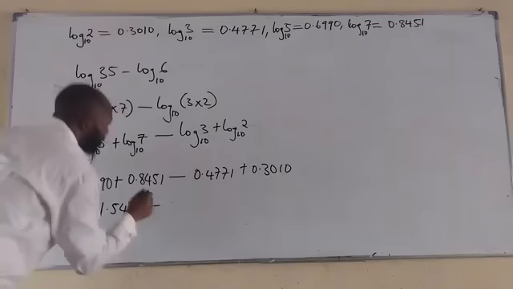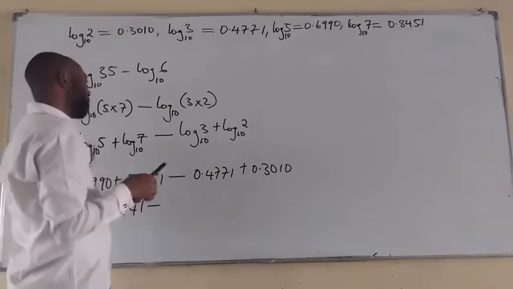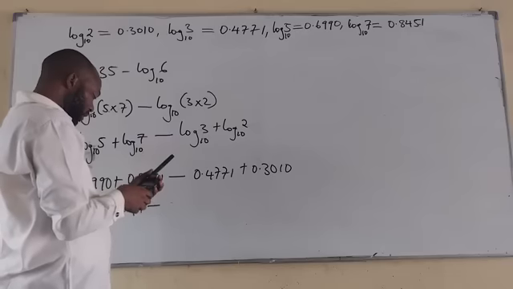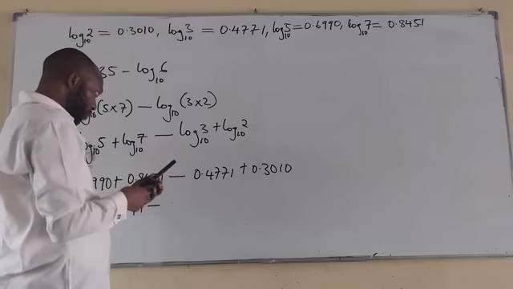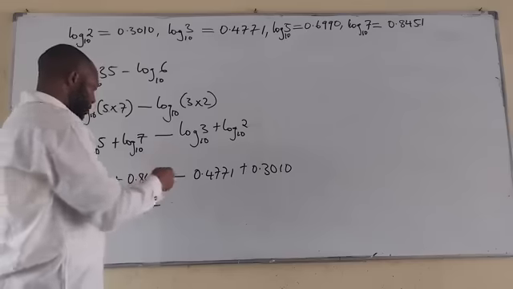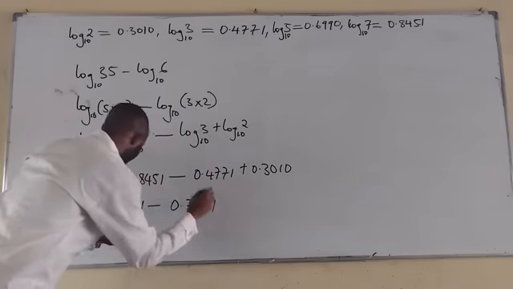Then 0.4771 plus 0.3010 is equal to 0.7781.